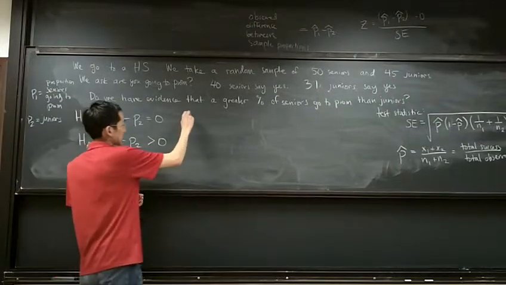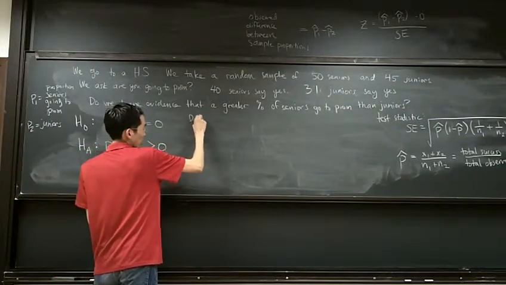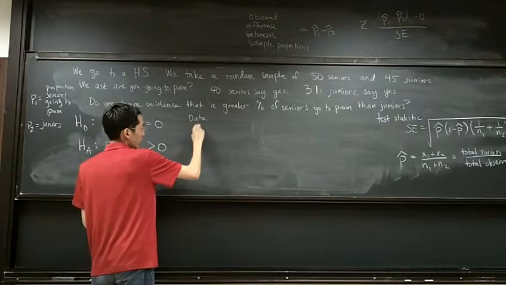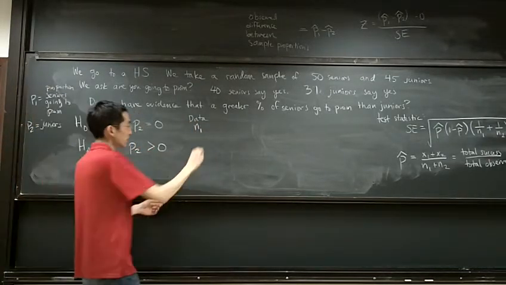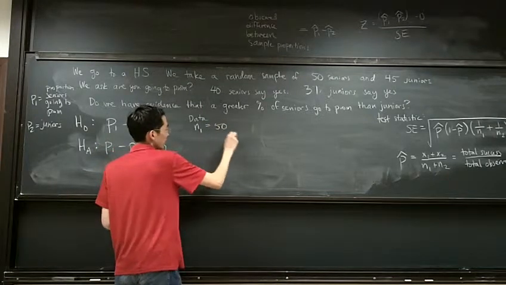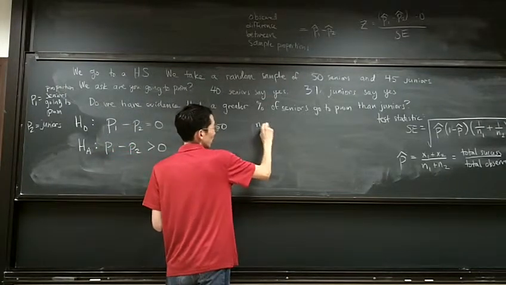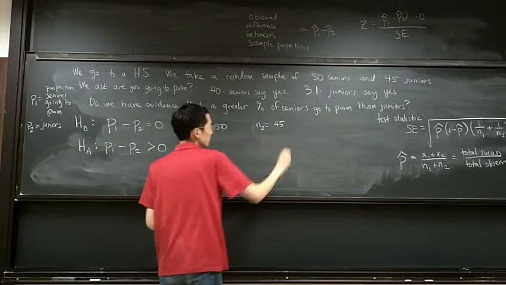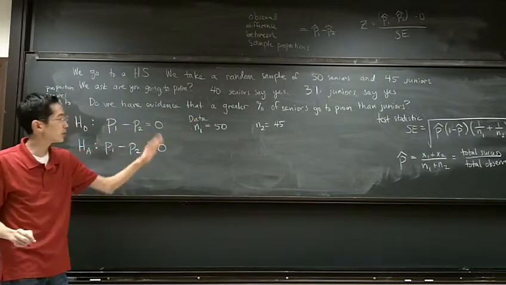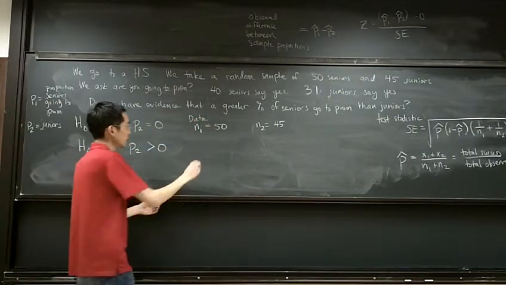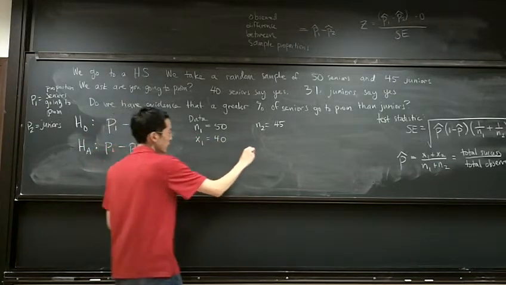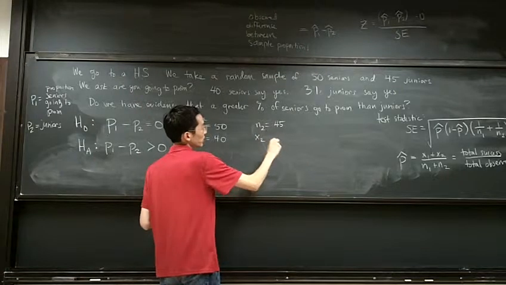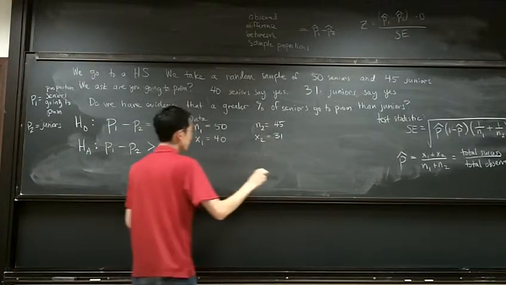What is my data? How big is my N1? 50. This is the number of seniors that I have. How big is my N2? 45, okay? How many seniors are going to prom? So X1 is 40. And how many juniors are going to prom? 31, okay.